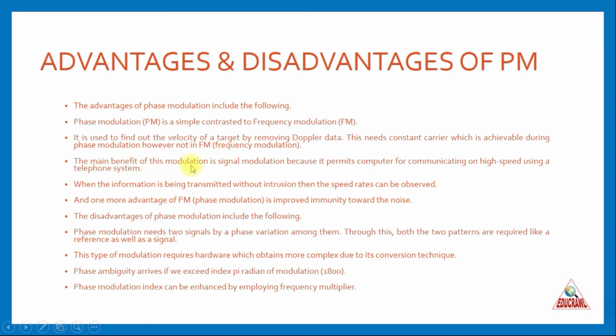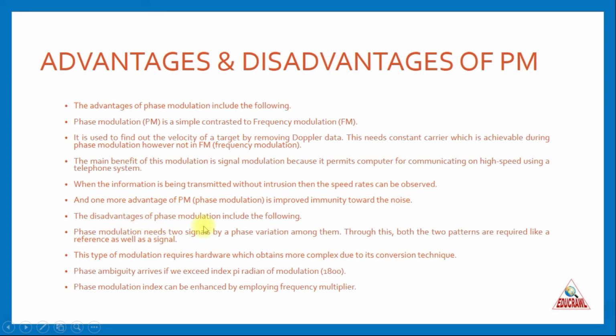The main benefit of this modulation is that it permits computers to communicate at higher speed using a telephone system. When the information is being transmitted without intrusion, then the speed rates can be observed. And one more advantage in PM is improved immunity towards noise.